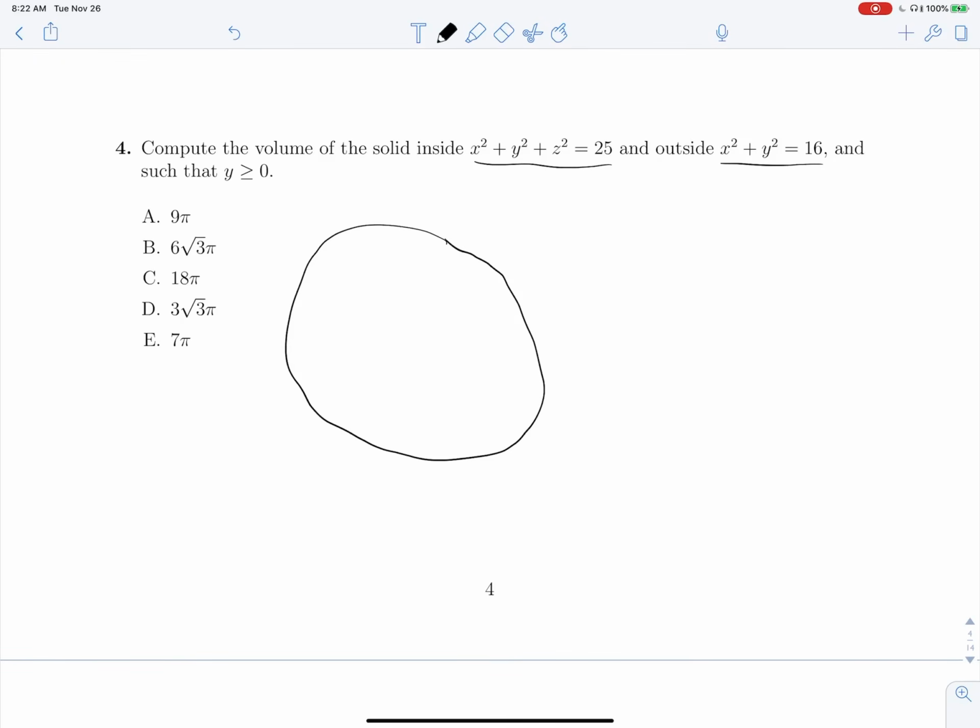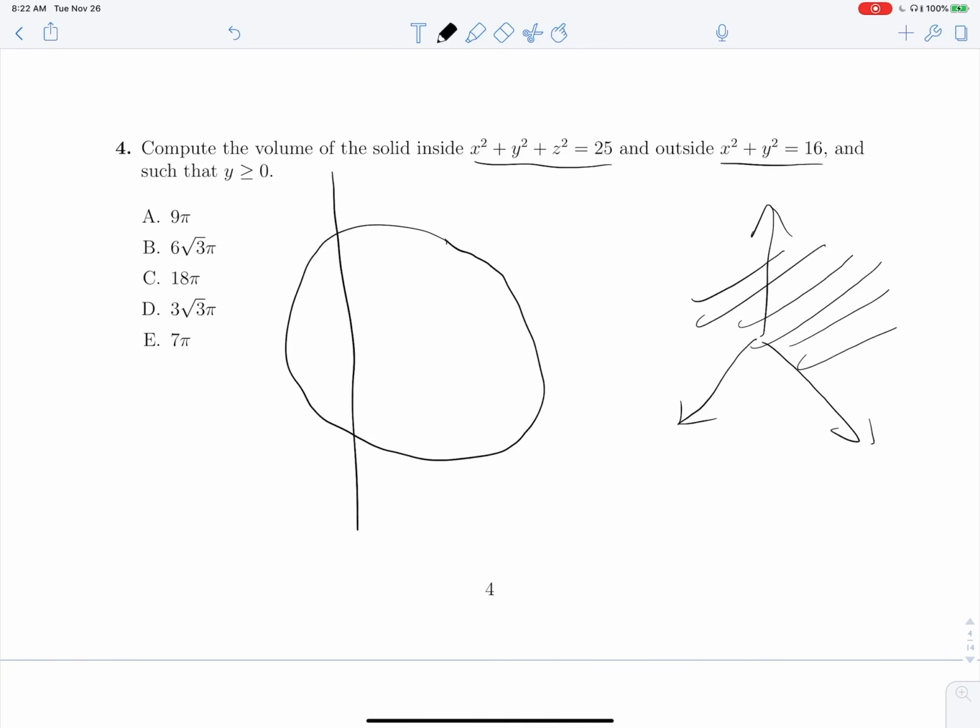So let's say we cut our sphere along the YZ plane here, and we're looking at our sphere, and we've got our cylinder cutting through it. We want the solid inside the sphere, outside the cylinder, so our cross section is going to look like this.